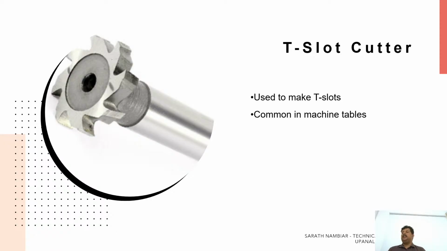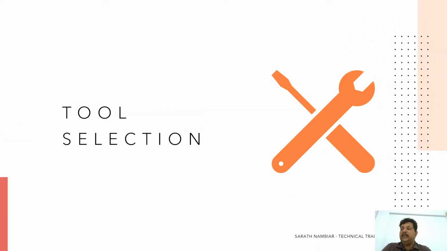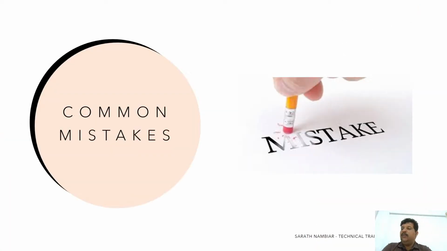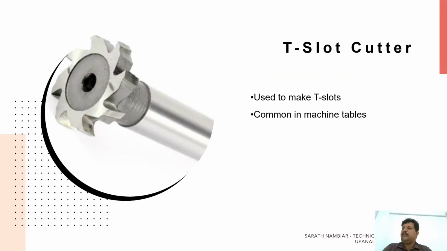Next is the T-slot cutter. It's a special tool. You might have seen this in the machine tables. The machines will have T-shaped cuts, inverted T-shaped cuts. So these slots are used to clamp the jobs.